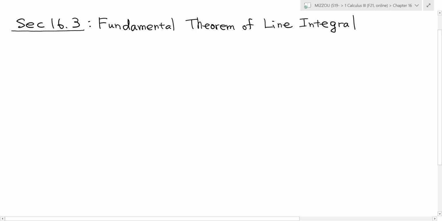First, let's recall the line integral of a vector field.